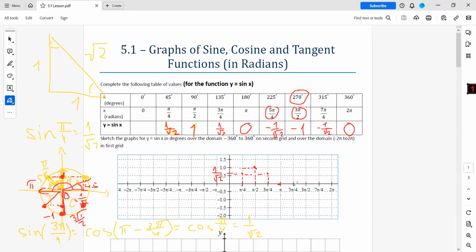Oh, sorry, 5 pi over 2 here. And the next point, 3 pi over 2, is -1, the minimum value. Next one, 7 pi over 4, again -1 over square root of 2. And the next one, 2 pi, is 0 again.